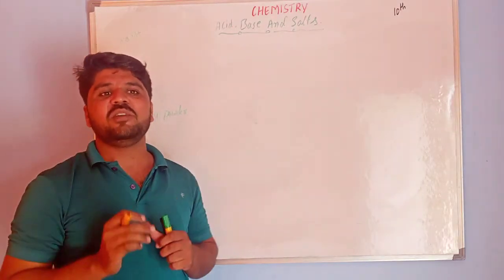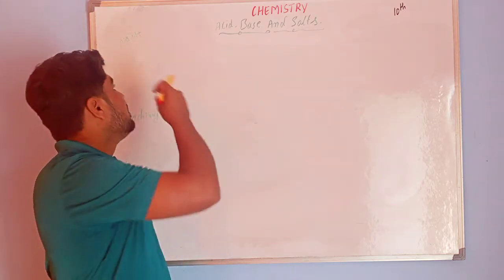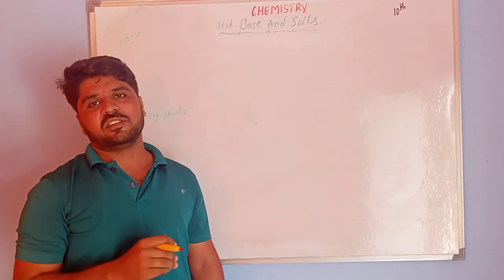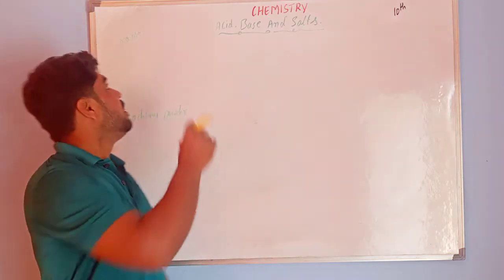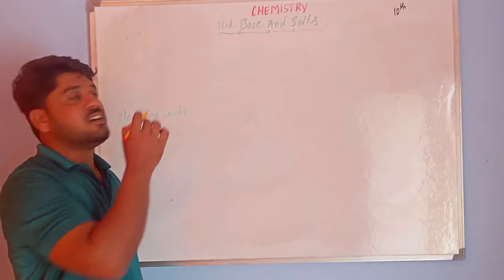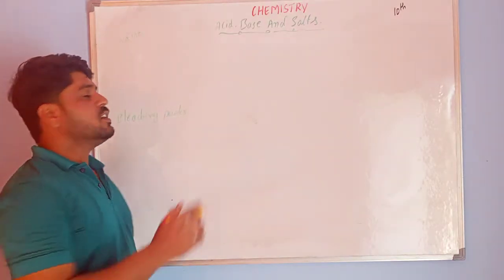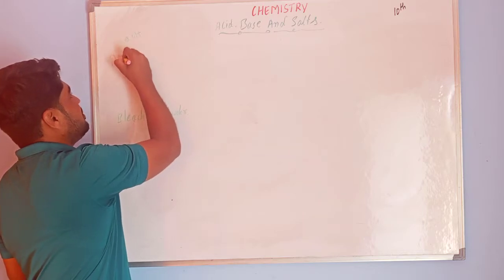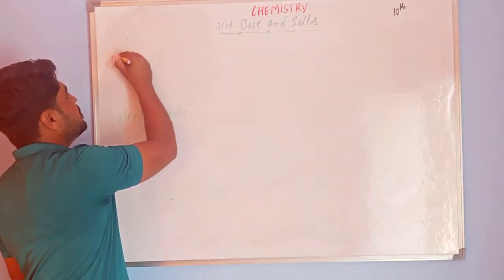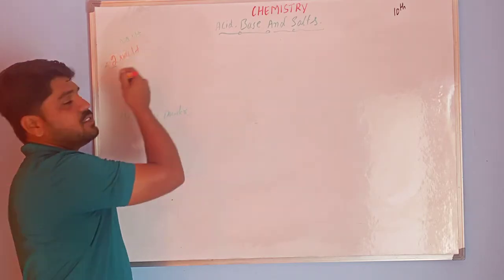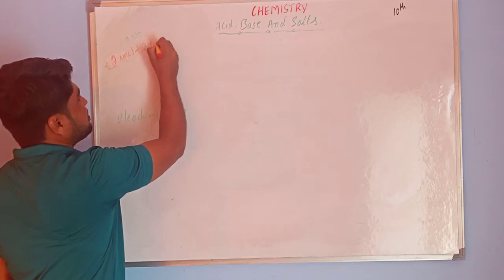The main theme is that our common salt is a raw material for these chemical substances. By using common salt, we prepare these substances. First, I will simply recall sodium hydroxide. 2NaCl, that means sodium chloride, reacts with water.